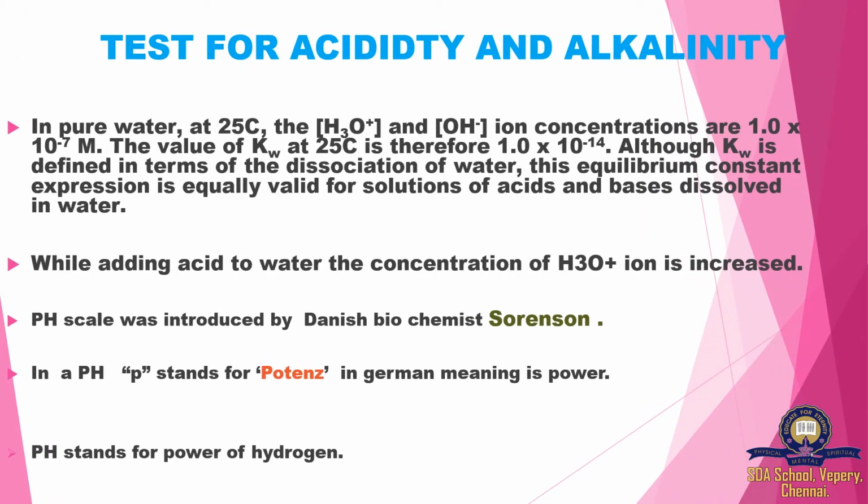Test for acidity and alkalinity. In pure water at 25 degrees Celsius, the concentrations of hydronium ion and hydroxide ion are each 1.0 × 10^-7 M. The value of Kw, that means the ions dissociating in water at 25 degrees Celsius, is therefore 1.0 × 10^-14.